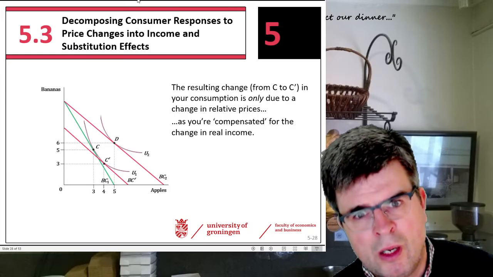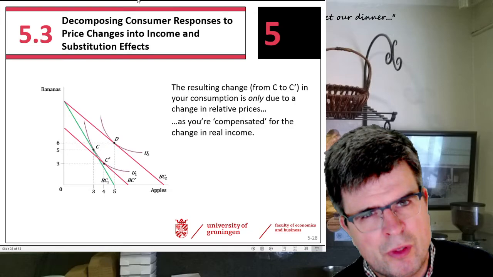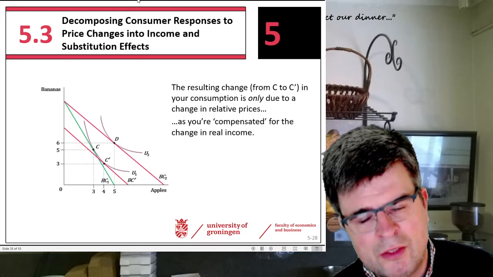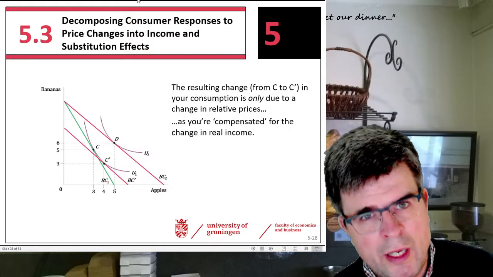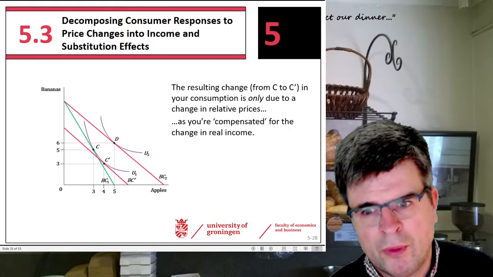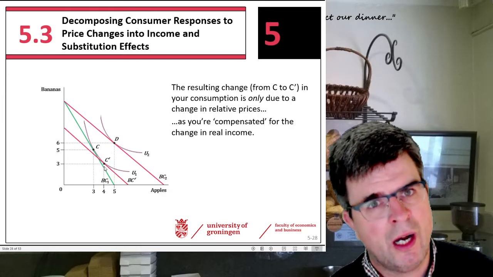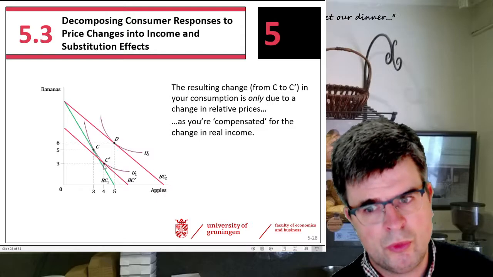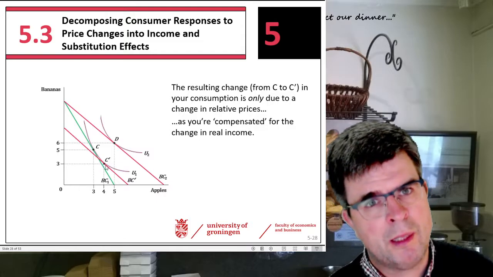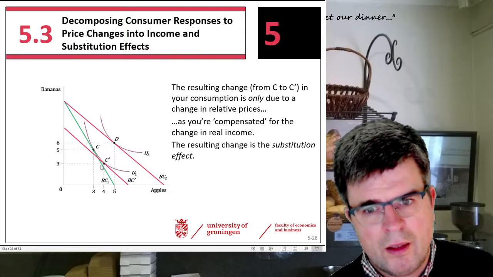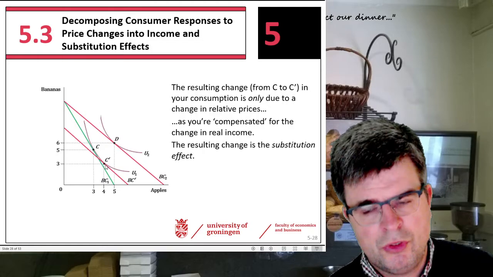Now I put this "compensated" within quotation marks because this compensation in this case actually means we take away money from the consumer up till the point that he's not able to reach a higher indifference curve. So we force him to continue to choose a bundle C prime on the old indifference curve. And the resulting change from C to C prime is a substitution effect.